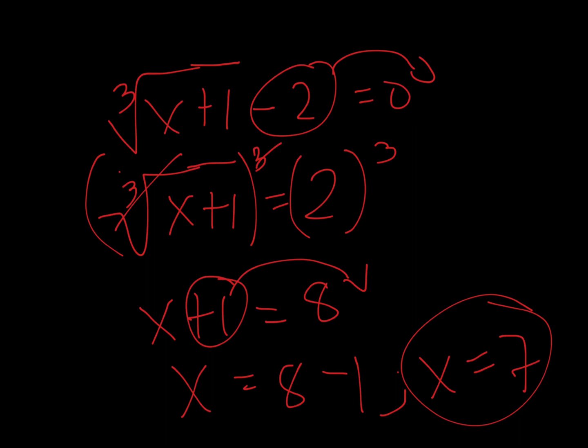How are you going to check that? Since our x is 7, apply the substitution method. So the cube root of 7 plus 1, minus 2 is equal to 0.